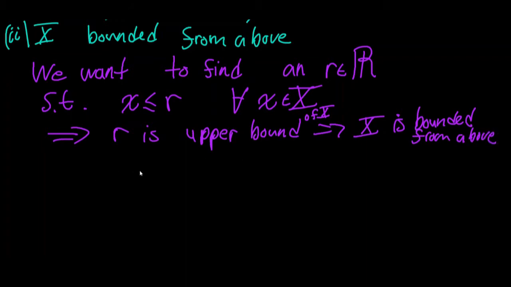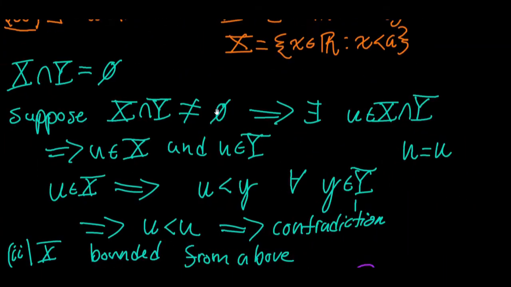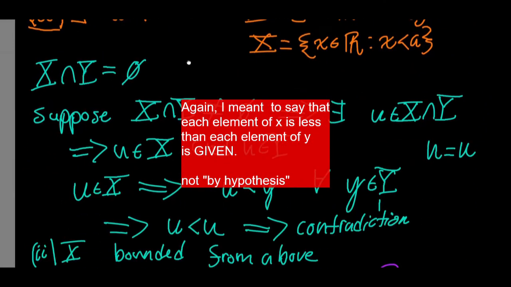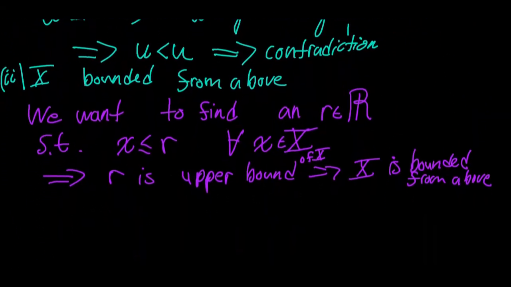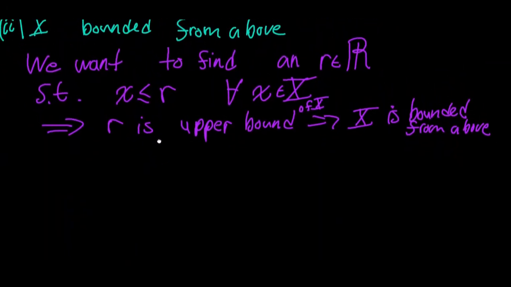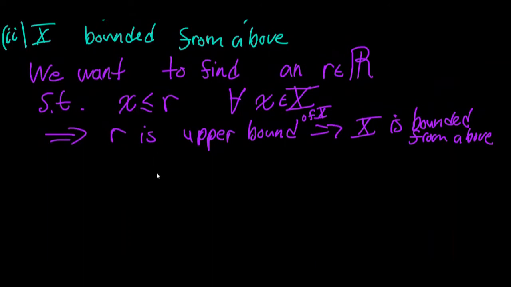Okay, so let's find this r. Remember, way back at the top, by the statement of the problem, each element of x is less than each element of y. So if I have an element in x, it must be less than each element of y.